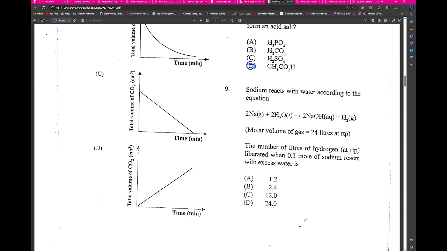It'd be the same way, 0.1 times 24. That would give us 2.4, and then divided by 2, 2.4 divided by 2 should give us 1.2. Right, so the best answer would probably be A.